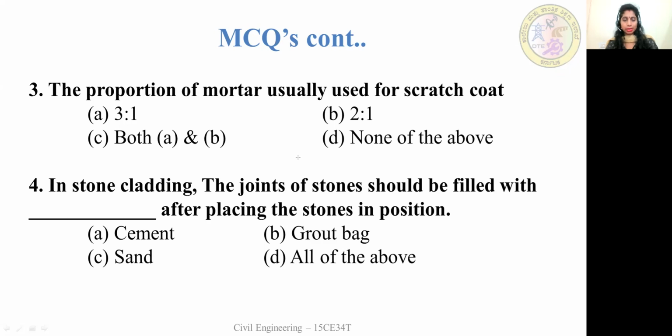C, both A and B. For cladding work, we should always use rich mortar. 3:1 is rich mortar and 2:1 is also a rich mortar. That's why the answer will be option C, both A and B. We can use either 3:1 or 2:1. Our answer is option C. Moving on to the next question.